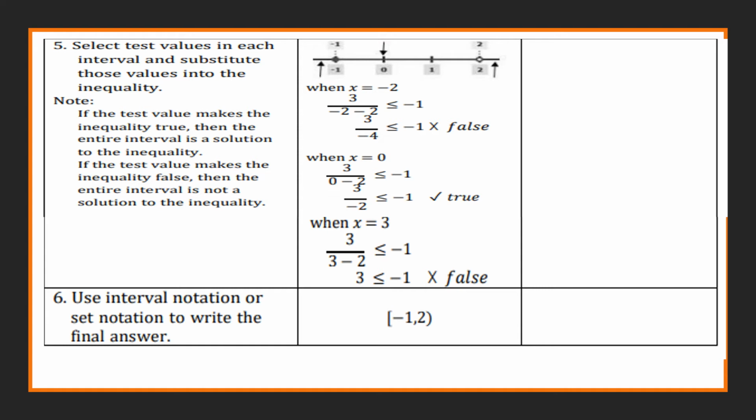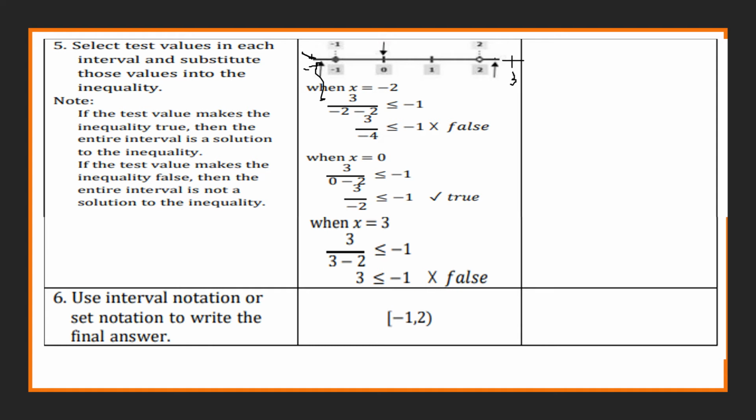Here with negative 1 and positive 2, it says select a test value in each interval and substitute. So we take one on the left side of negative 1. What are the numbers on the left side of negative 1? You have negative 2, negative 3, and so on. Here, you have positive 3, positive 4, and so on.